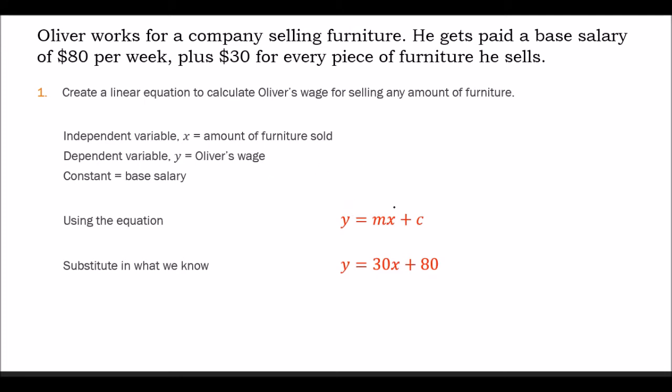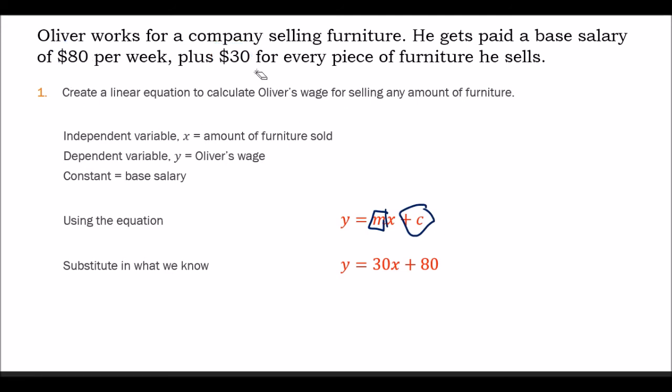We know that m refers to the amount that he makes for each piece of furniture. So that's going to be this. C is going to be the amount he makes regardless of how much furniture he sells. So it's going to be the base salary right there, the 80.